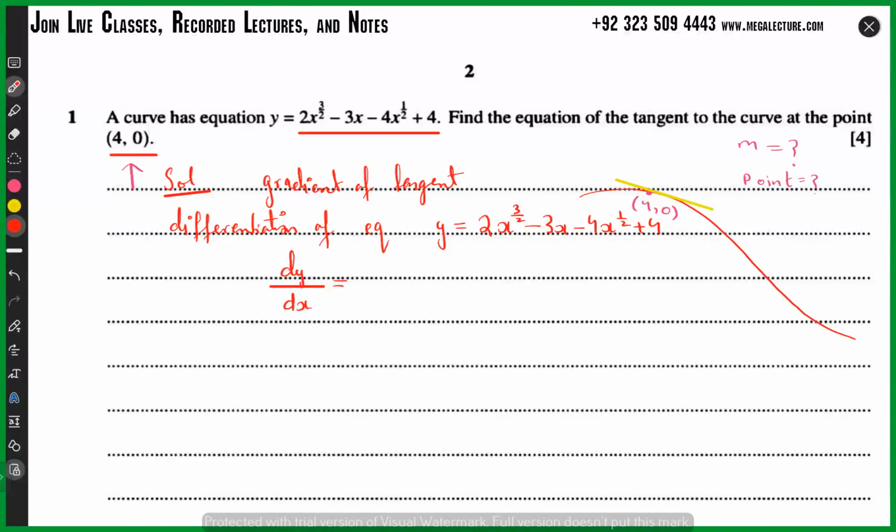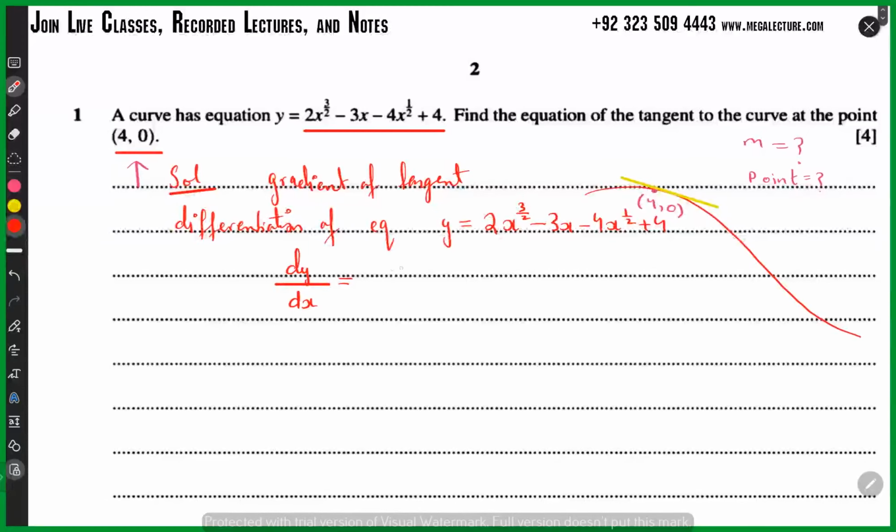Now we are supposed to find the derivative or the differential. Both words mean the same. How do we do it? This coefficient comes directly as it is. This is the old power, the existing power. This power is going to be multiplied at this point, so 2 would be multiplied by 3 by 2. Then I'll write x to the power of the old power, 3 by 2, minus 1.